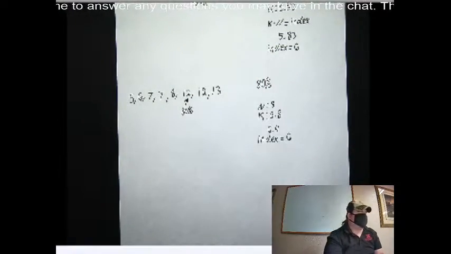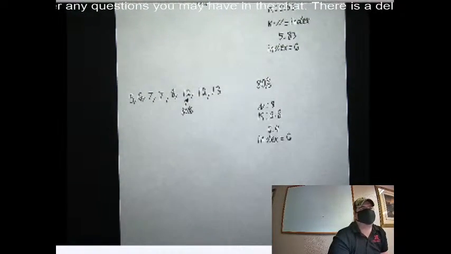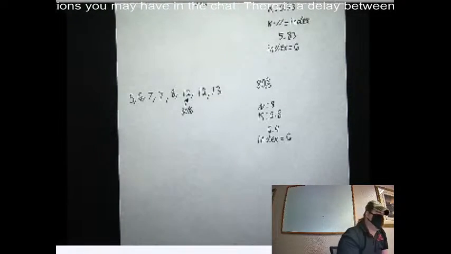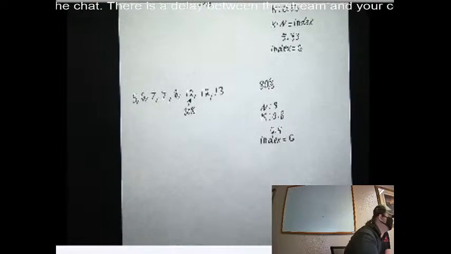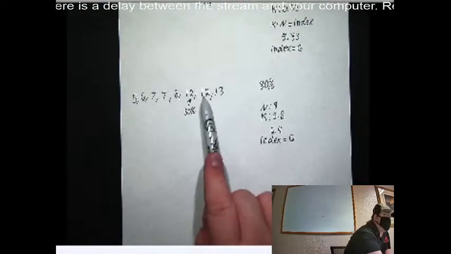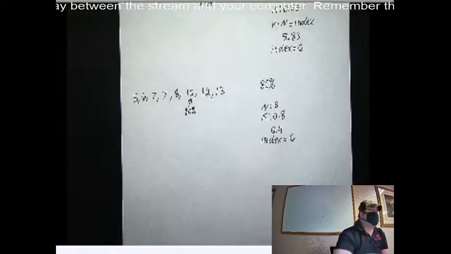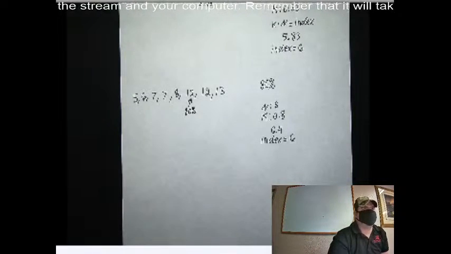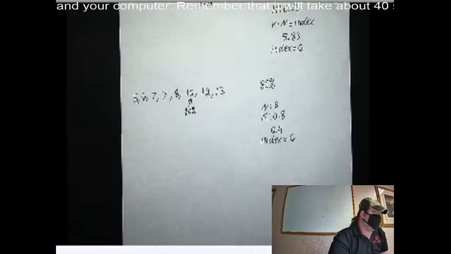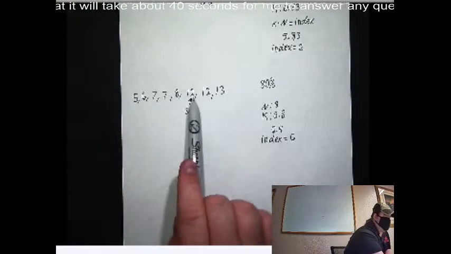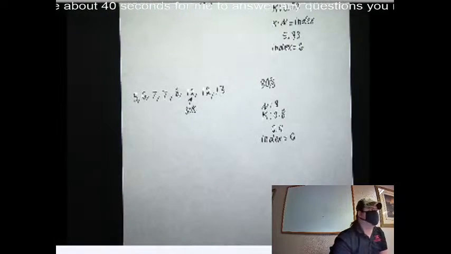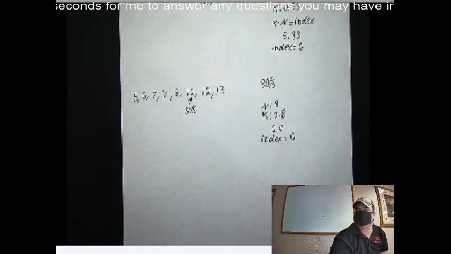By the time we reach this point, we've gotten to 80% of our data, which means that above this is the rest of the 20%. So 12 and 13, these two data points are in the upper 20%. And then all of these numbers are in the lower 80%. Does that make sense?